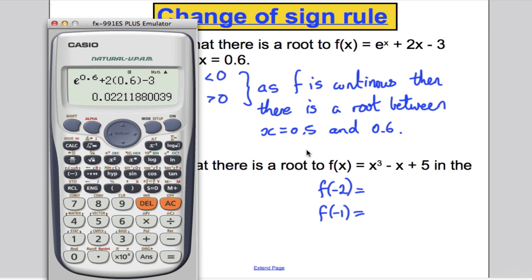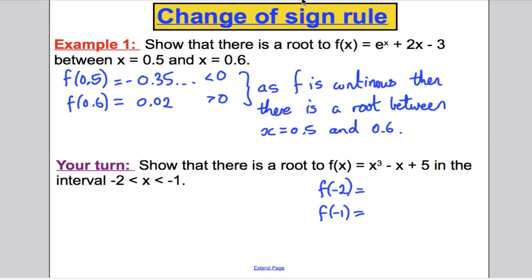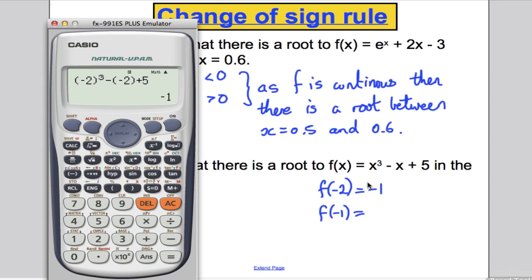Let's just get the calculator. We want to work out -2 cubed, so -2 cubed minus, subtract even, -2 plus 5, and you get -1. So here you get -1, and then let's put in -1 in there.